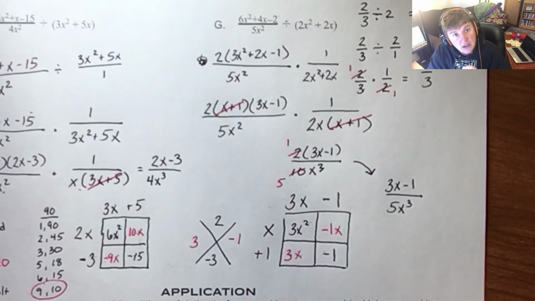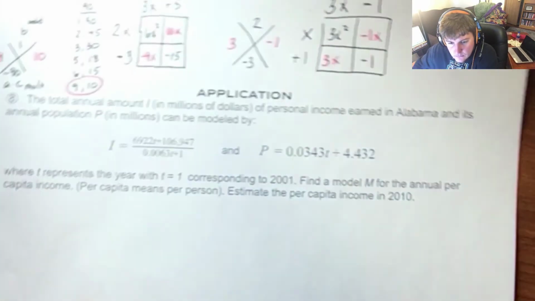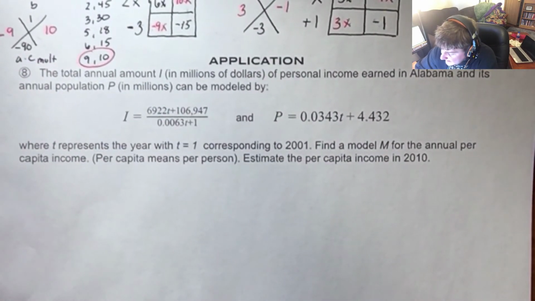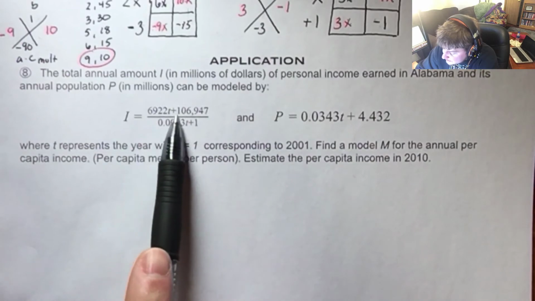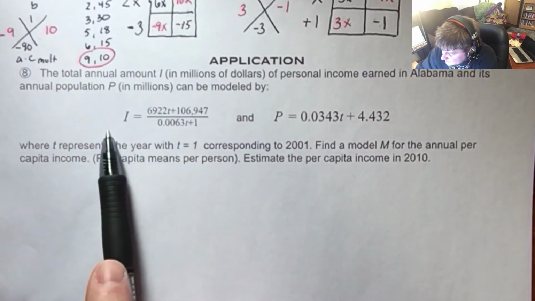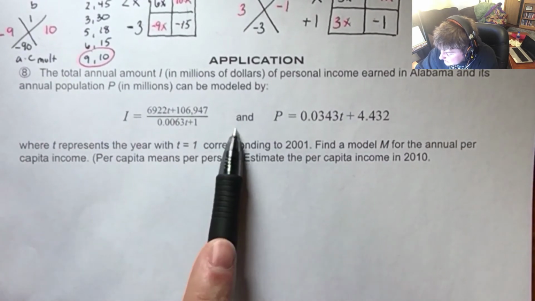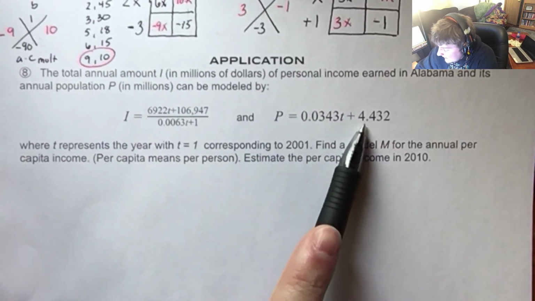Okay, last problem. Okay, so we know that the total annual income I in millions of personal income earned in Alabama and its annual population P in millions can be modeled by the following. So here is your annual amount, and this is the expression that represents it, and here is P, the population.